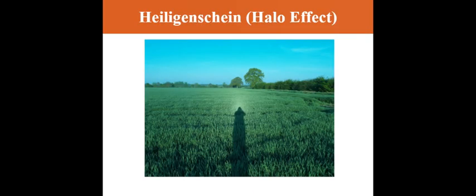There are some cool effects that happen. For example, there's the halo effect, which has its name in German in the chapter slide here. I will not attempt to pronounce it. But basically, it's an optical effect that happens on summer mornings when you're looking at the dew on the grass.